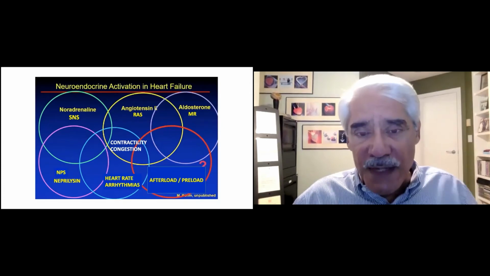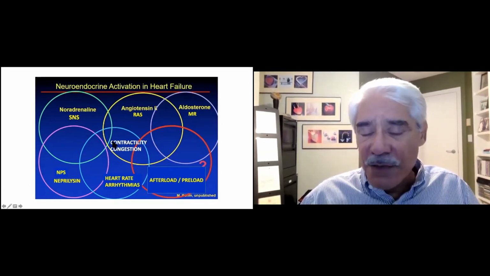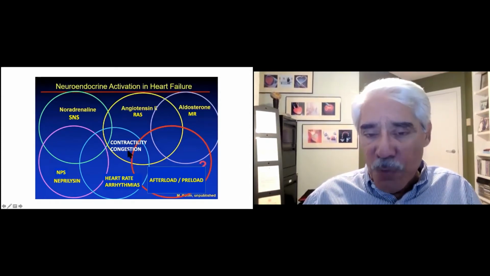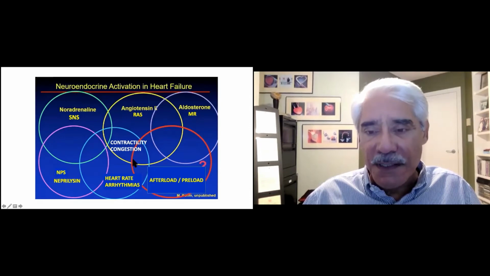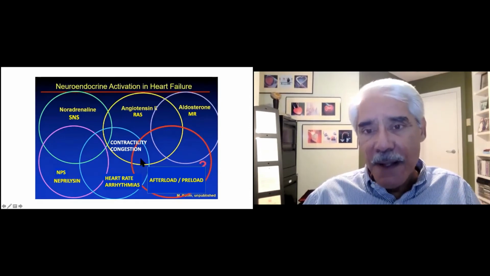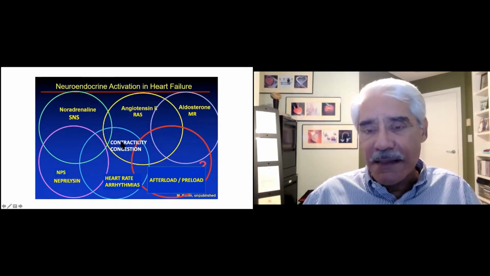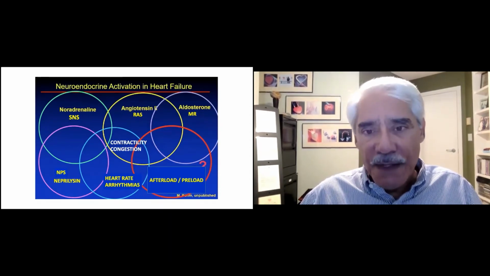So once we understand that there is a decrease in contractility with heart failure with reduced ejection fraction, and both have congestion, the preserved and the reduced ejection fraction heart failure both have congestion. So our therapy can now be guided at these therapeutic targets which are abnormal in the patient with heart failure.